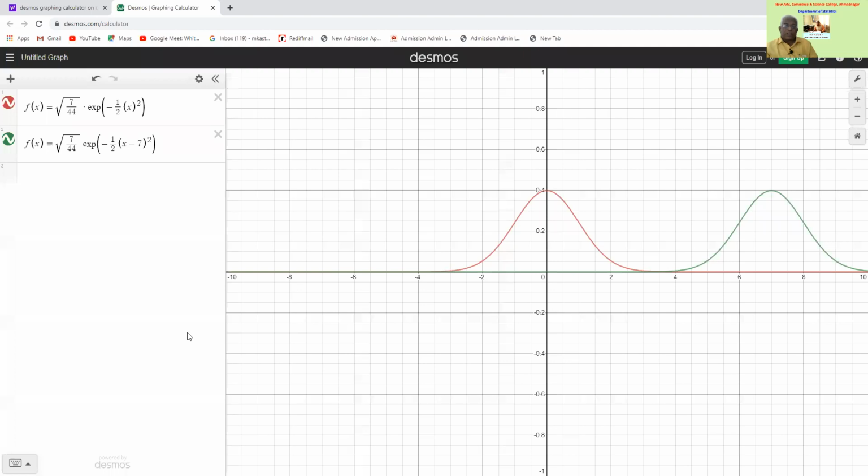Now, what is the effect of this distinction? The effect is that the two curves, the two densities, are quite distinct from each other.